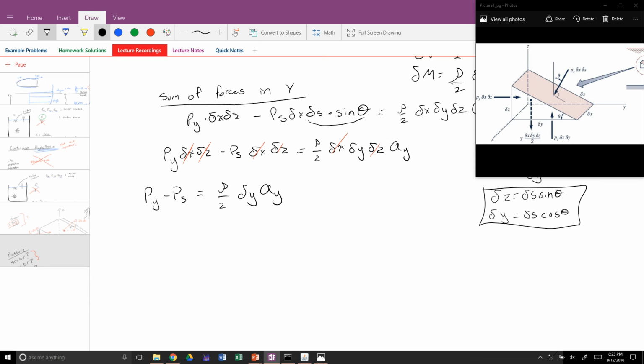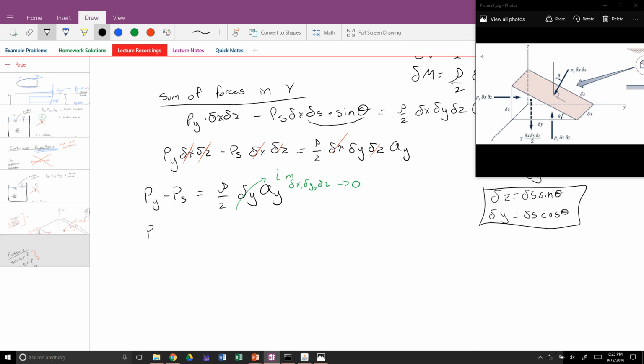Now remember what I said about we're interested in what happens as this wedge approaches the morphology of a point in space. Which means we're interested in taking the limit of this as delta X, delta Y, delta Z all approach 0.